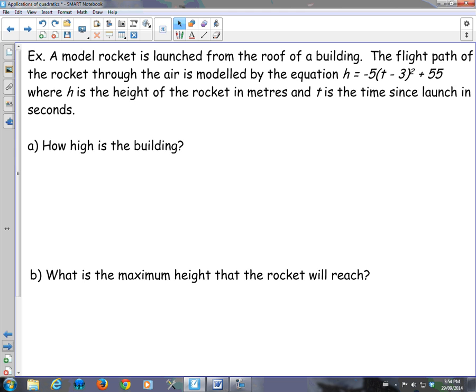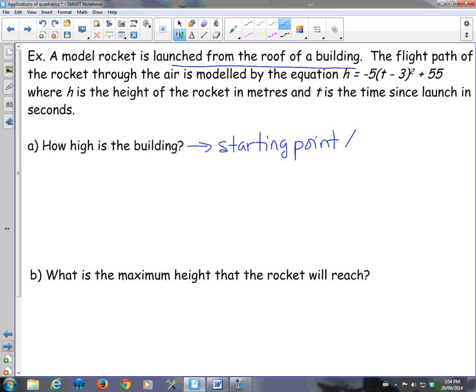So we have to interpret the question. It is not explicitly stated in the question how high the building is. But the question does say the rocket is launched from the roof of the building. If it's launched from the roof of the building, that is the starting point.